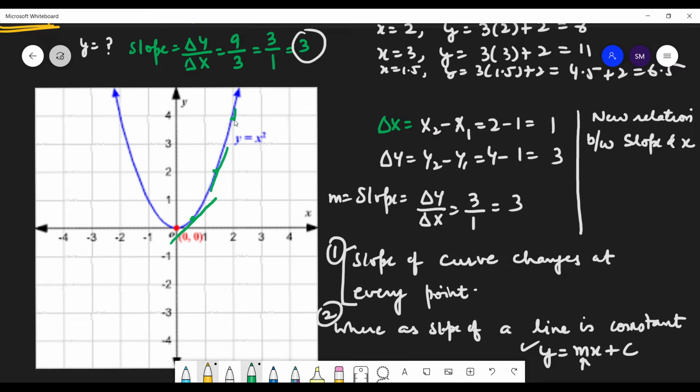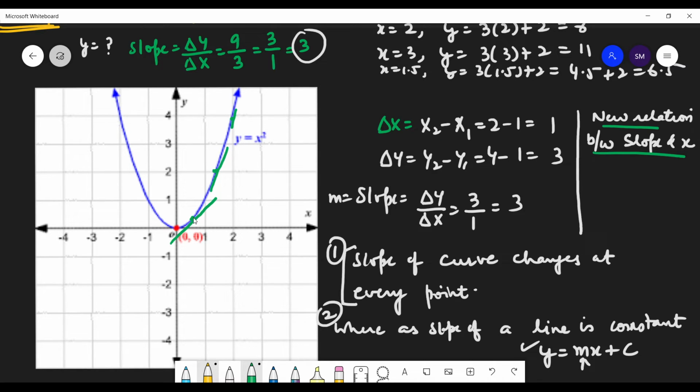So you will find that the slope is increasing. Yes, sir. So I want to give you a relation between the slope and x. You want to know that relation? The slope at any point you want to find out.